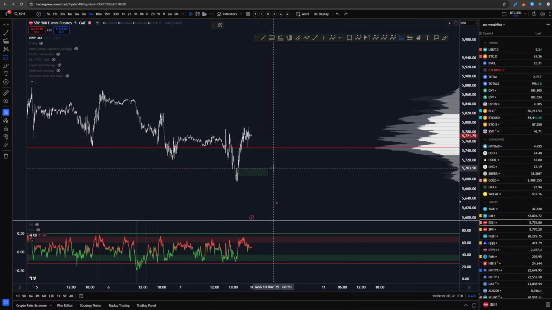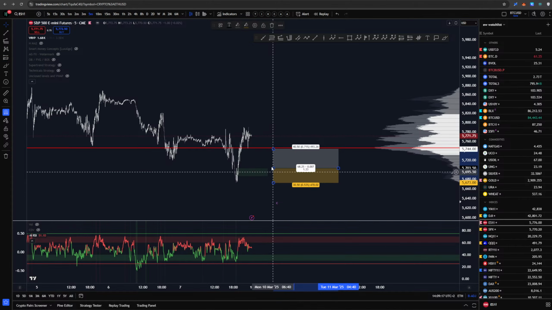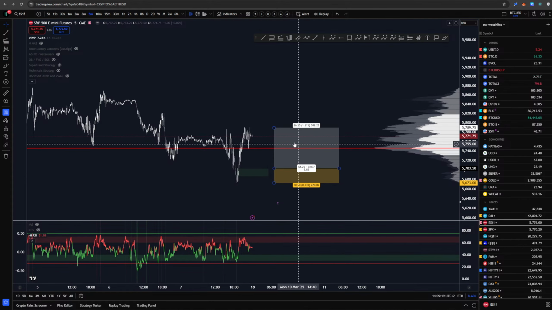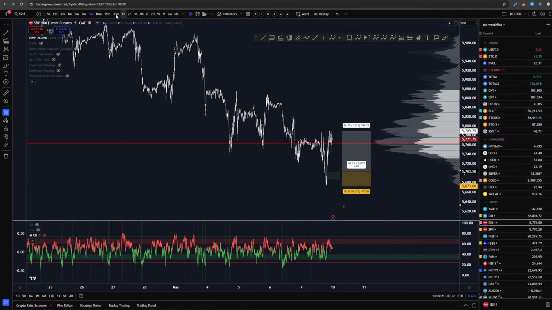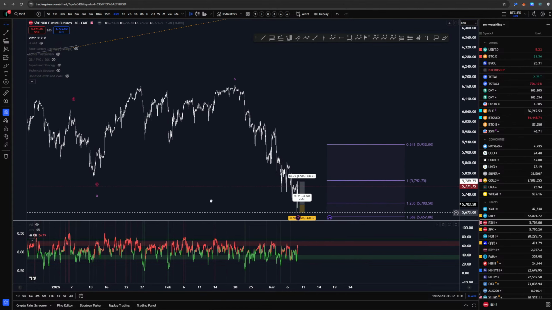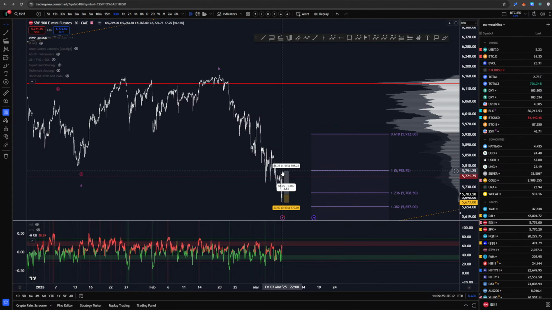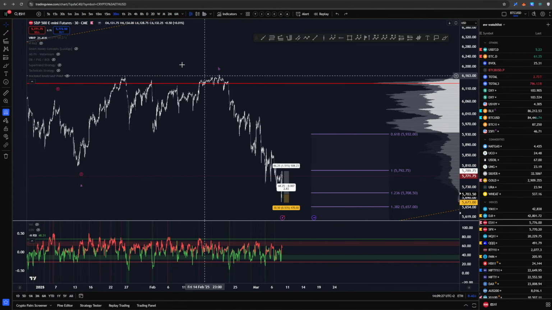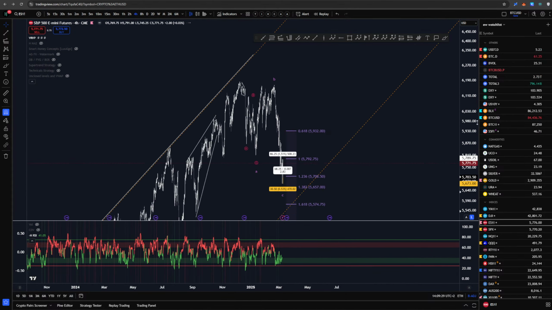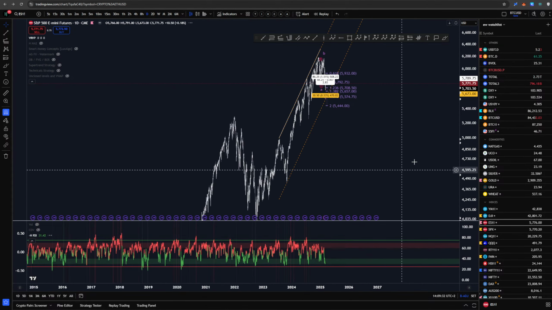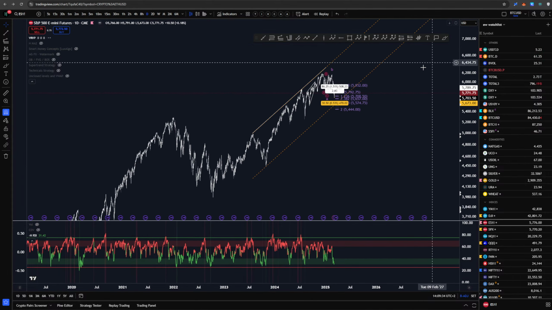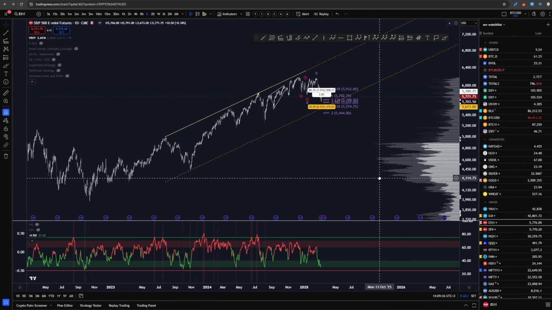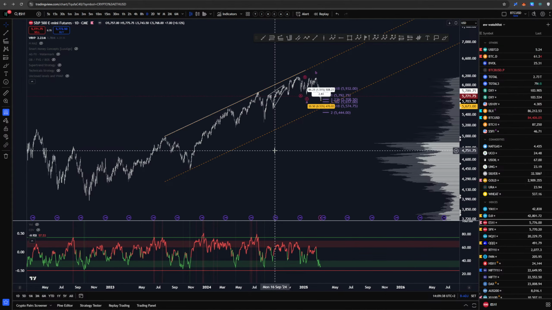So the risk to reward ratios would be really decent at this point, and taking profits here. Not fully closing positions, but definitely taking profits, because we still have a major upside here if this goes through and continues to the upside. Daily time frame here, we're still within this longer time frame channel of some sorts.